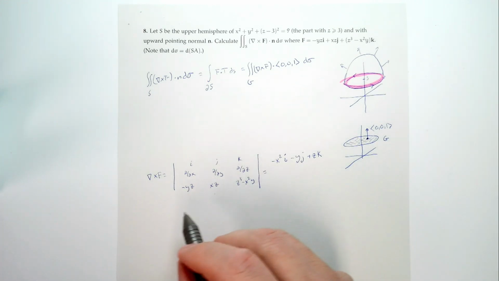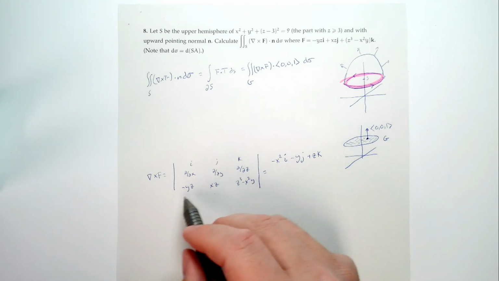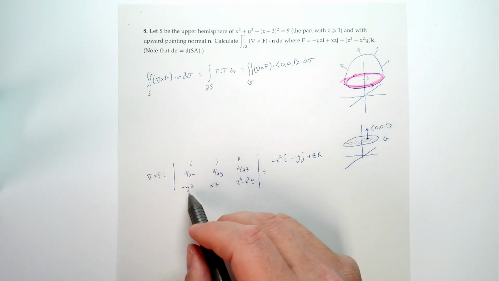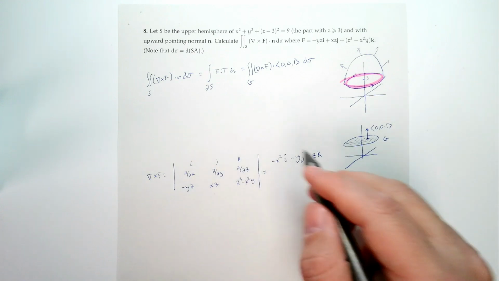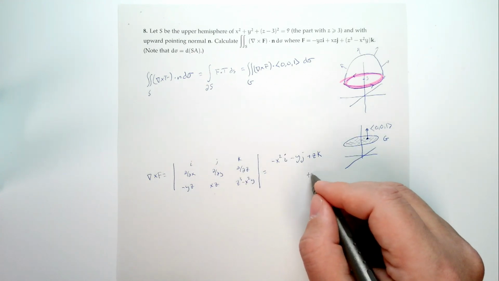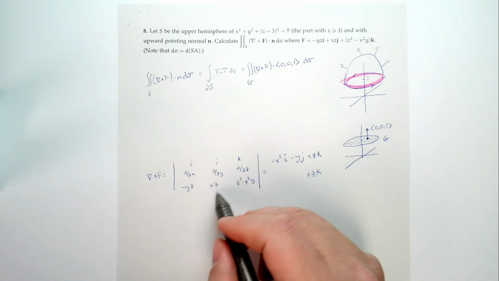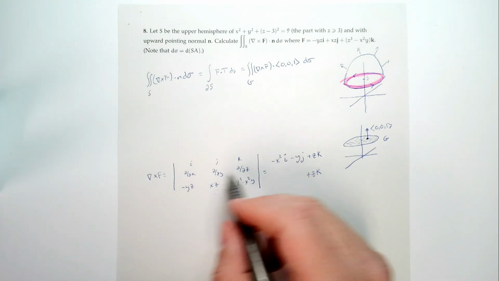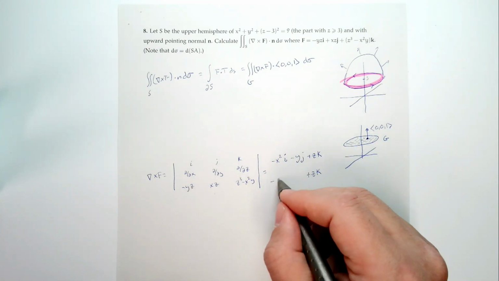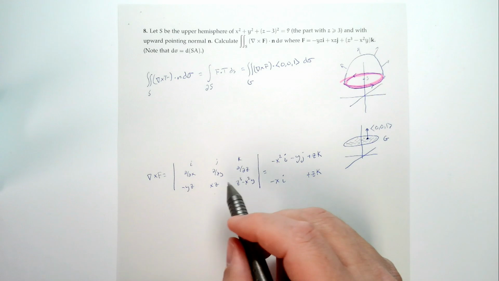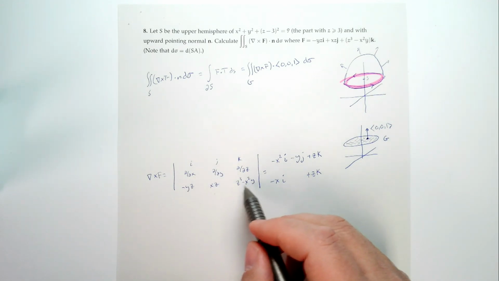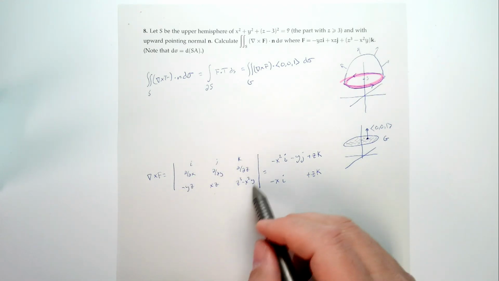And now the other ways. So going up, partial y of minus yz is minus z. But because of the direction, we subtract minus z, which really makes it a plus z. Partial z of xz, well, that'll be x, that's i, but we have to subtract, so minus x i. And the last thing is partial x of z cubed minus x squared y.